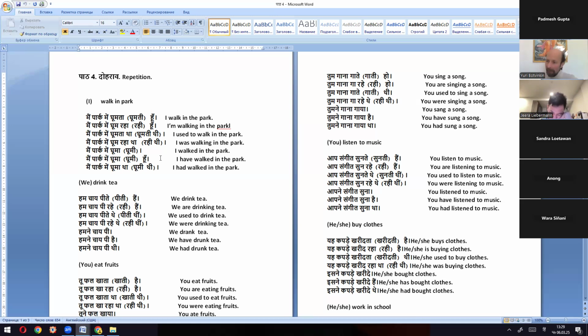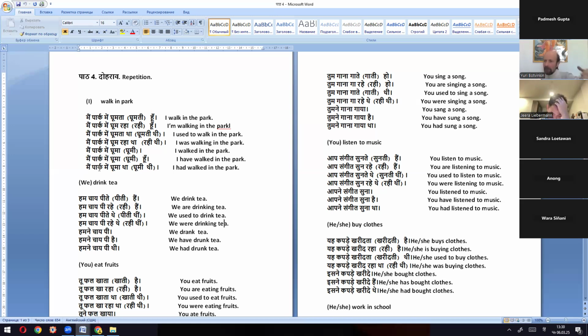Now we can make present perfect. मैं park में घूमा हूँ. मैं park में घूमी हूँ. I have walked in the park. And we can say the past perfect, like मैं park में घूमा था.